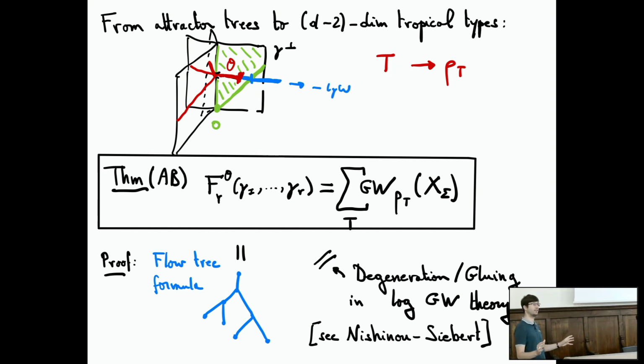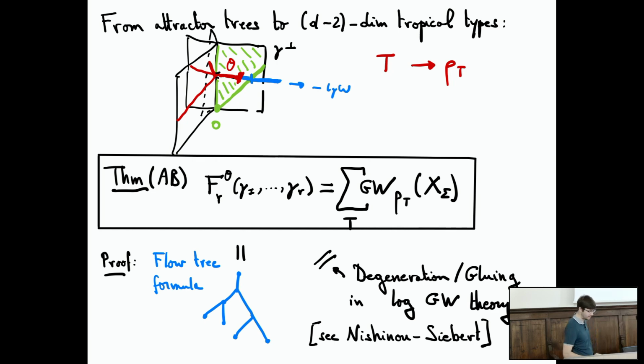If I consider all this decomposition together, I can look at the smallest chamber of this decomposition containing theta inside gamma perp, which is this green cone I've drawn here. And then once you have this green cone, you can move your point theta, the root of the tree, anywhere you want inside this green cone.